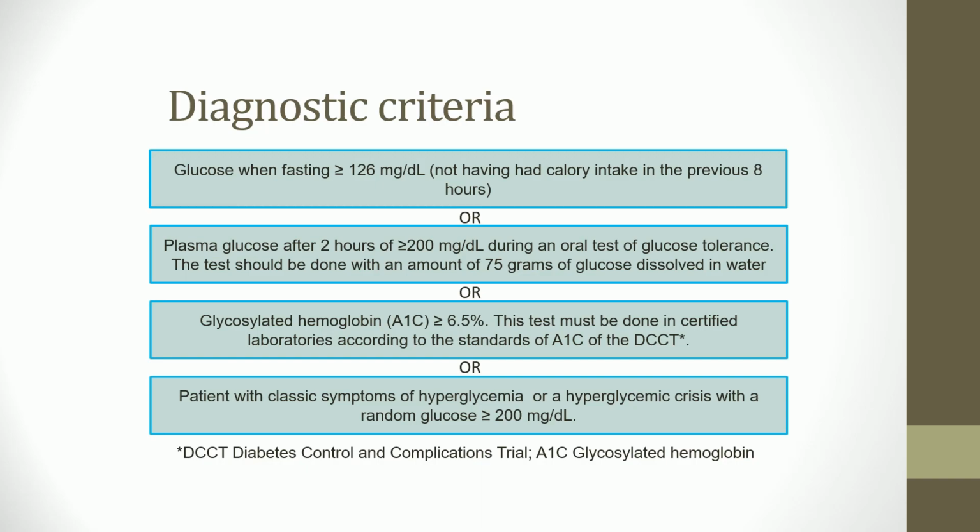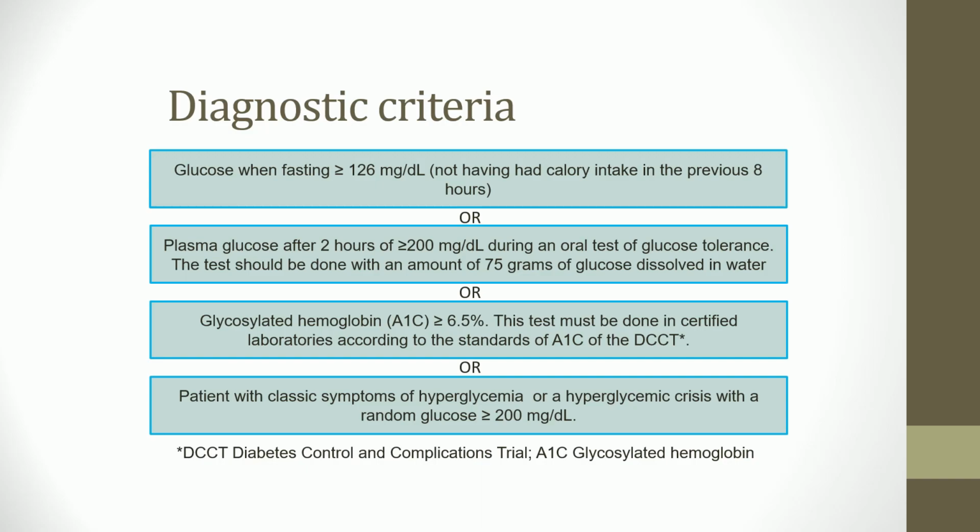Polydipsia, this is a lot of thirst because once again the glucose in blood pulls a lot of water, so the brain feels dehydrated. And finally weight loss, because there is such an imbalance in hormones and hormone production in those patients that they start dropping weight very severely, like on a ketogenic diet, just like that.